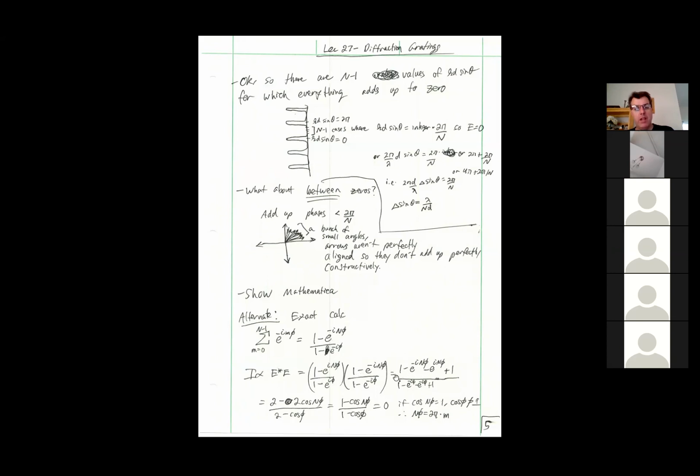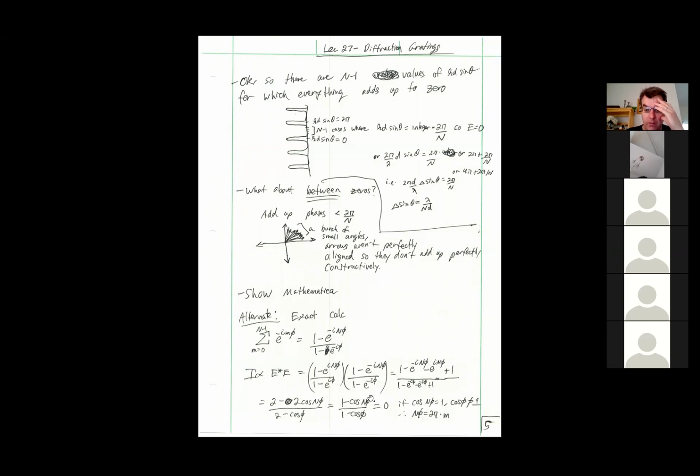And we would multiply everything through. And we would get 1 minus cosine of n phi over 1 minus cosine of phi. And if cosine of n phi is 1, and cosine of phi is not 1, so as long as cosine phi is not 1, this denominator is non-zero.